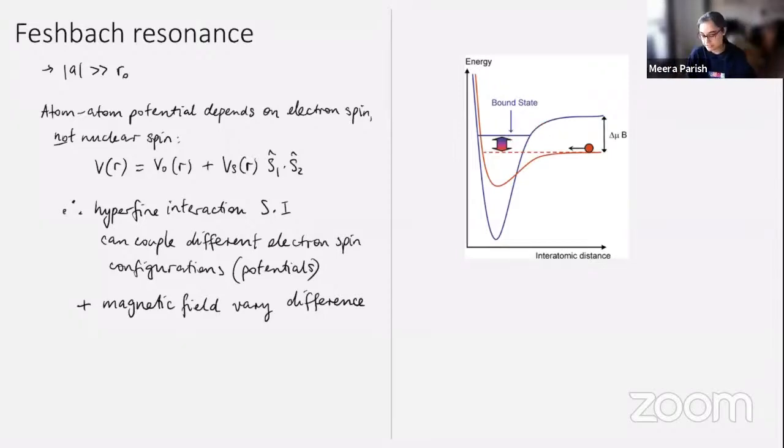These are very deep potentials, so there are generically lots of bound states in them. So you can tune one of these bound states in the other potential into resonance with the atoms coming in and scattering in the original potential. And therefore, you can vary the scattering length in that way as well.